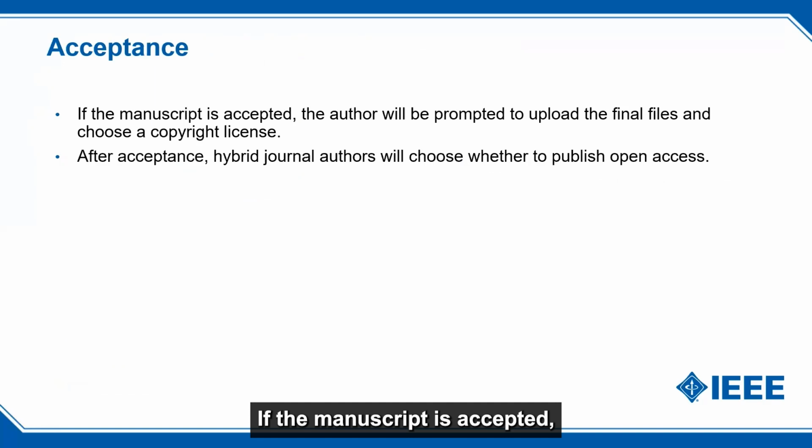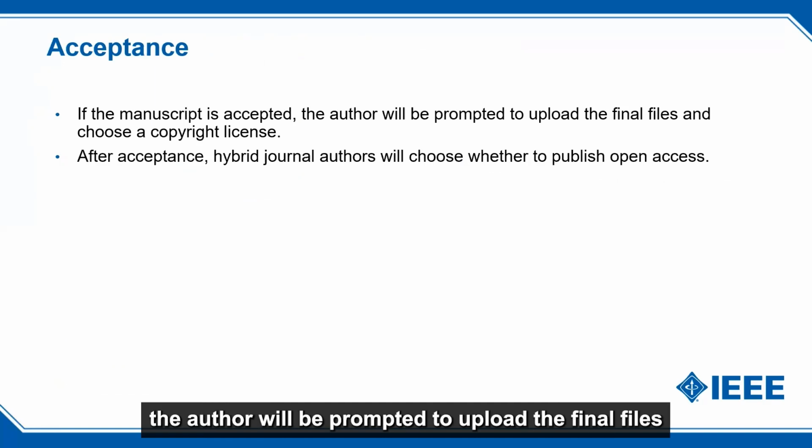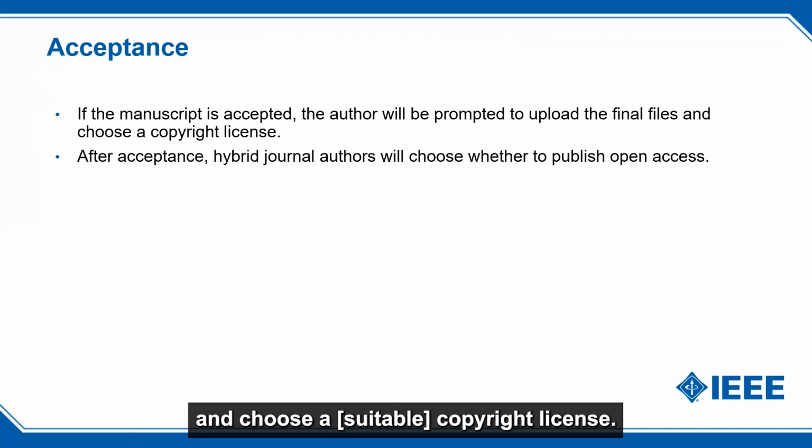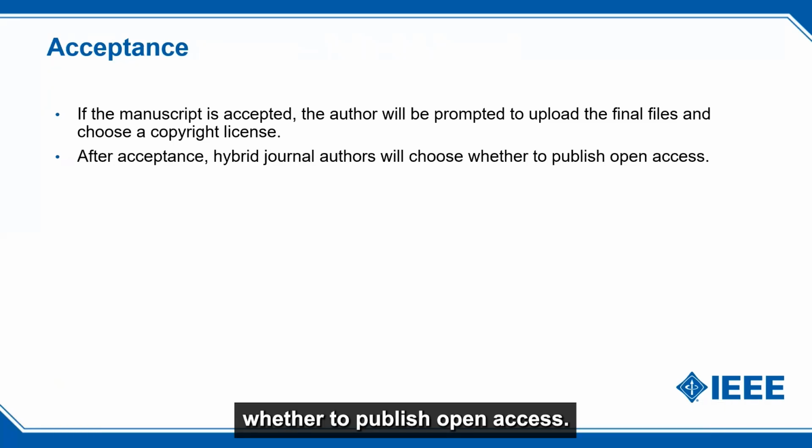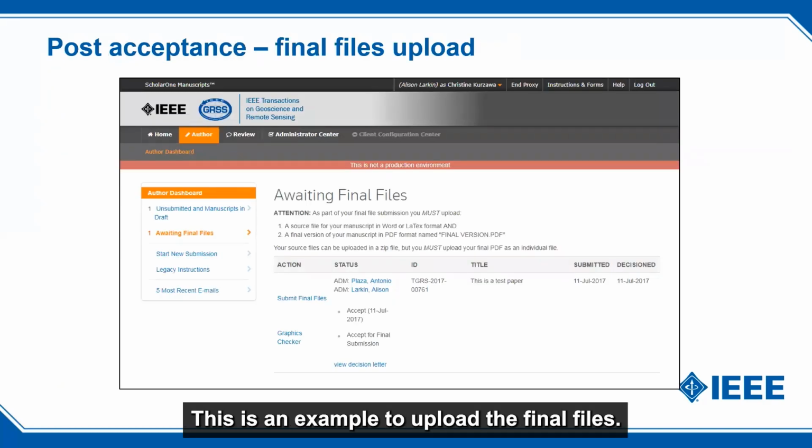If the manuscript is accepted, the author will be prompted to upload the final files and choose a copyright license. Only after acceptance, hybrid journal authors will be asked to choose whether to publish open access. This is an example of uploading the final files.